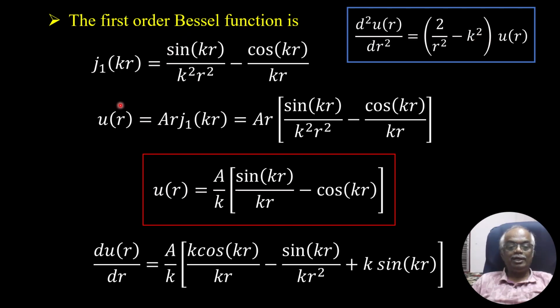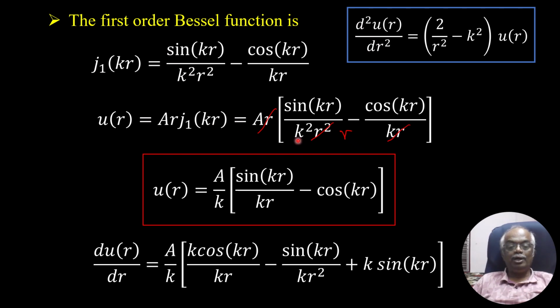So, what is u of r from Bessel function? We know the Bessel function. u of r is equal to A r j_1(kr). So just you replace j_1(kr) by this, which I have shown in a square bracket. So here r will get cancelled with this r squared, which will become r, and this r will get cancelled.